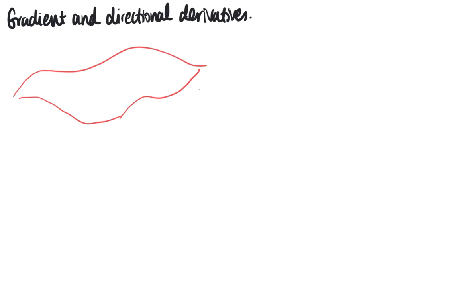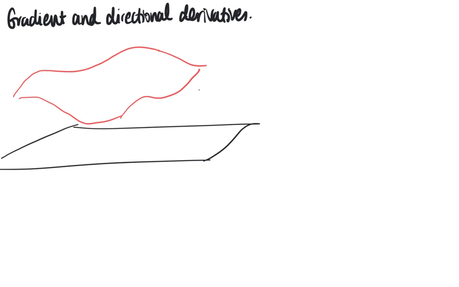If this is the base plane down here, the XY plane, and this surface is floating above, and I have some direction in the XY plane, what I want to know is, if I go in that direction, what is my slope, what is my derivative in that same direction? So I'm looking for this kind of slope as I go off in that direction.